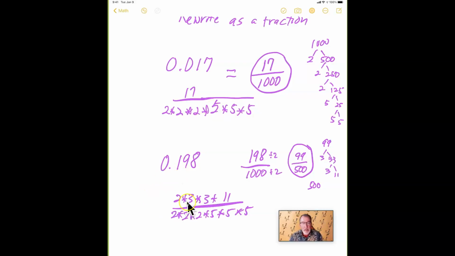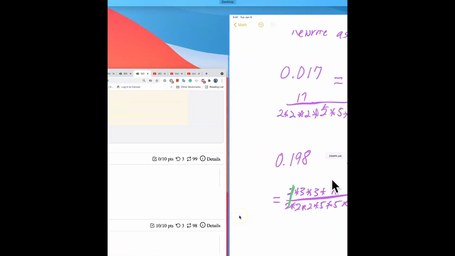And now we do have a 2 in common. So when we cross out the one pair of 2's they have in common, we get 3 times 3 times 11, which is 99, and 2 times 2 times 5 times 5 times 5, which is 500.